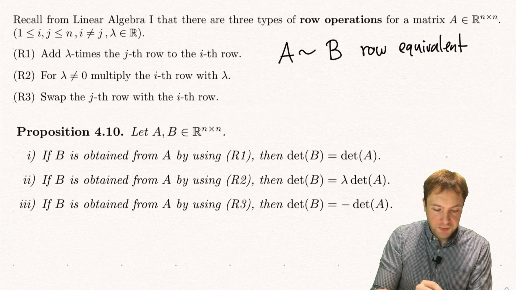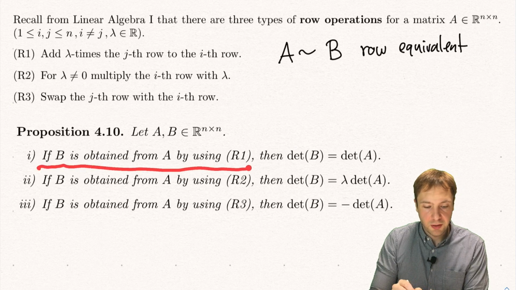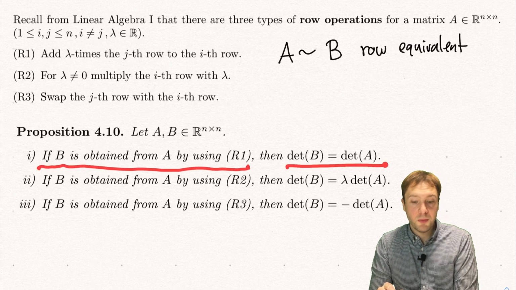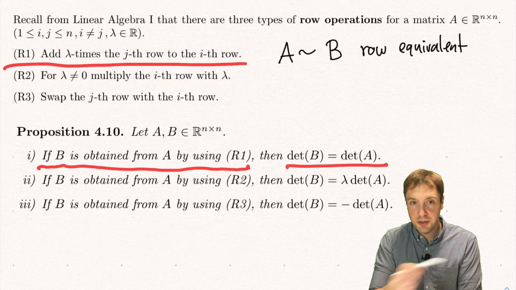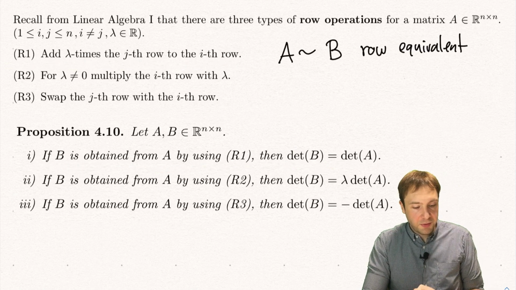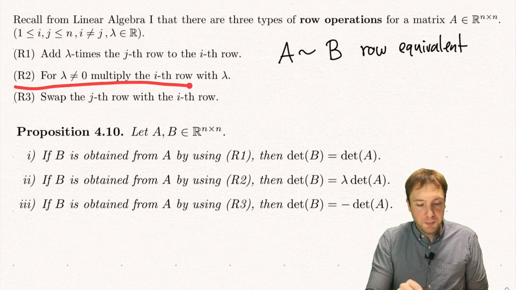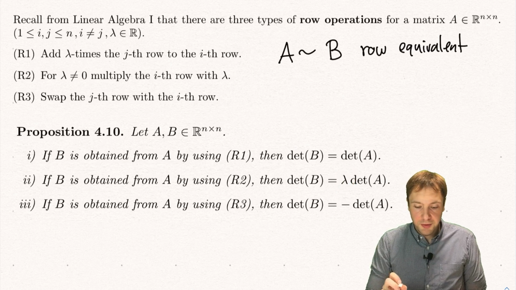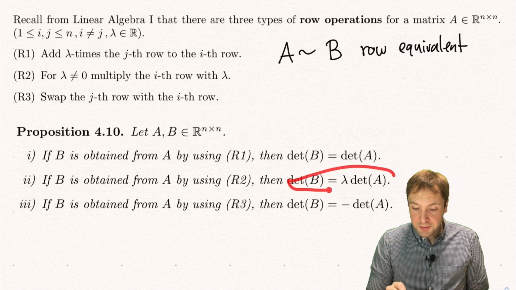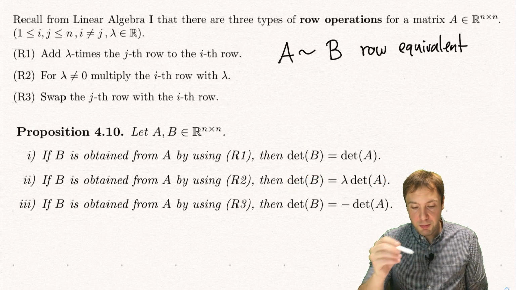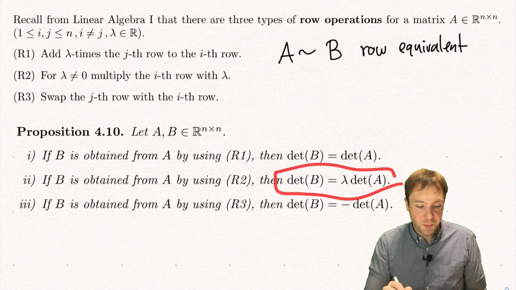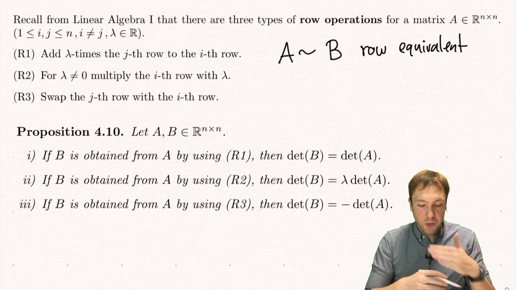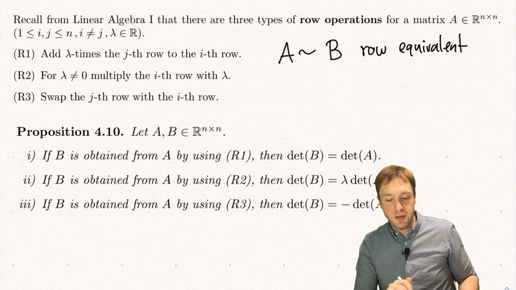And so the statement is now if B is obtained from A by using R1, meaning I add a multiple of one row to the other, then it has the same determinant as A. So this row operation doesn't change the determinant at all. The second statement is if I multiply a row with some lambda, then I multiply the determinant by lambda. And this we already saw, because this linear map is linear. And the third one, if I swap 2 rows, then we saw before that the determinant gets a minus sign.